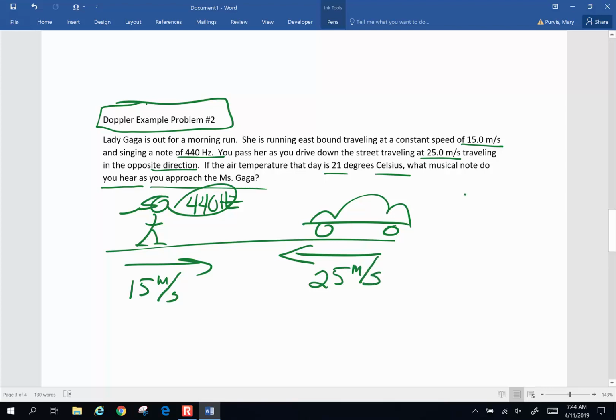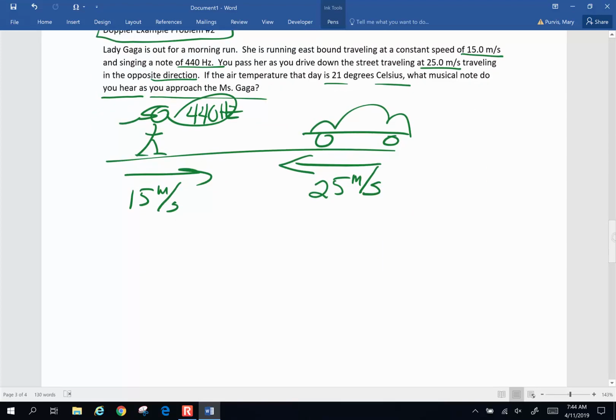And we do not know exactly what speed the sound waves are going to have in air, but we do know the air temperature. So we know the temp is 21 degrees Celsius. And the question is, what is the frequency that is going to be observed? And you are the observer, and you are in your awesome little car.